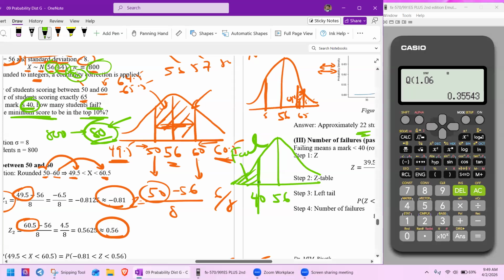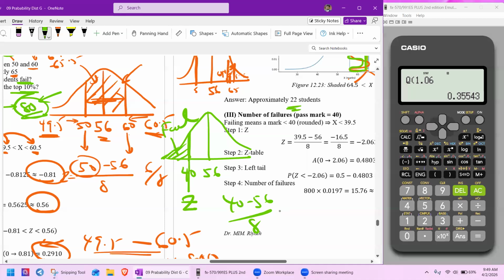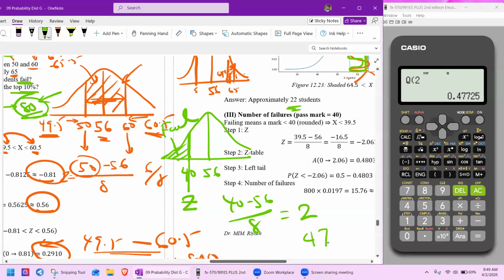So now we convert this 40 into Z. 40 minus 56 divided by 8 gives z equal to 2. The area for Z 2 is 0.4772.